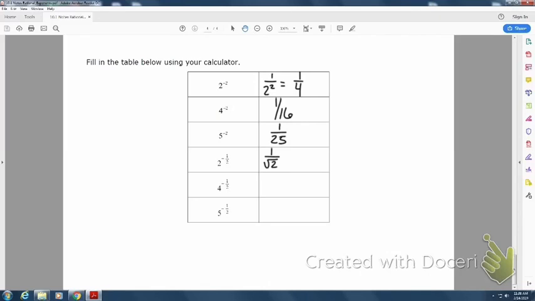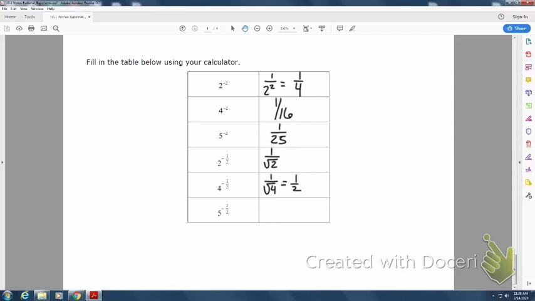That's all that means. Okay, so if you just kind of decode it, 1/2 means square root, the negative means put it in the denominator. So the next one would be 1 over the square root of 4, which, if it is a perfect square like 4 is, you could just go ahead and take the square root of it and make it 1 over 2.